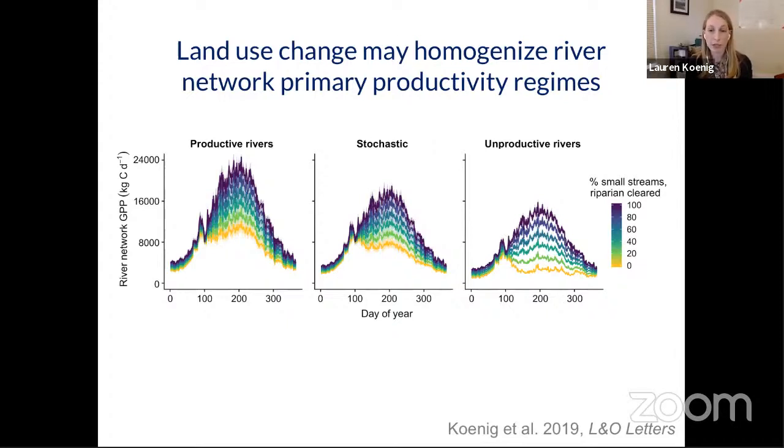And so here we were asking, if urbanization changes the patterns in light, what would we expect? We found that as you increase or clear more riparian trees in the watershed, not surprisingly, you homogenize on this one summer-dominated pattern.